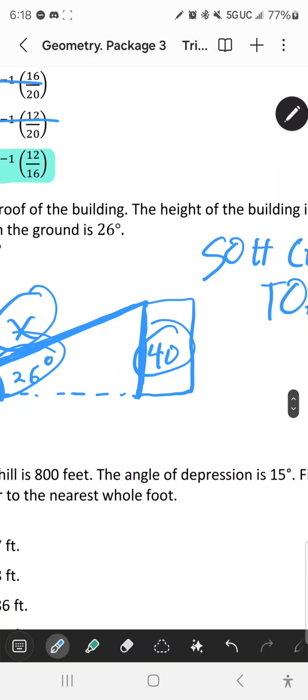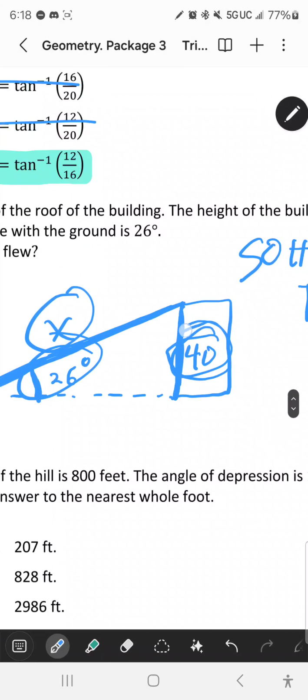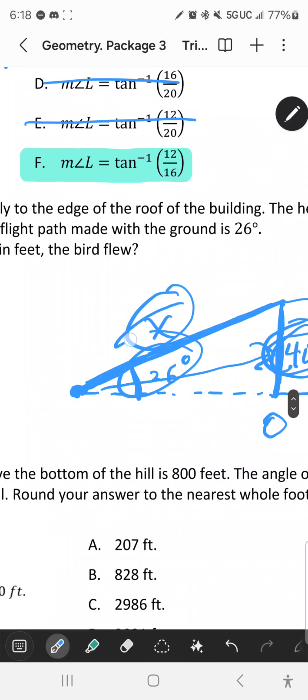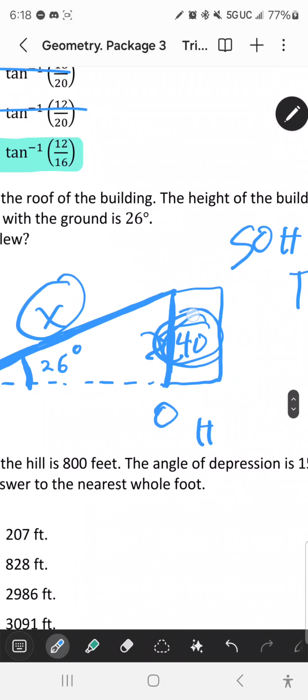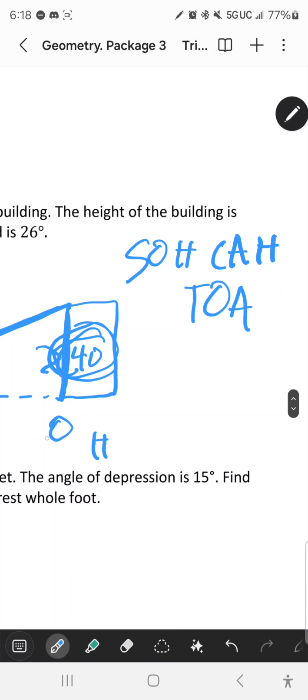Here, 40 is the opposite, the one that is opposite to the angle. So 40 is the opposite, and x is the hypotenuse, the big line. We have the opposite and the hypotenuse, so we're looking for sine.